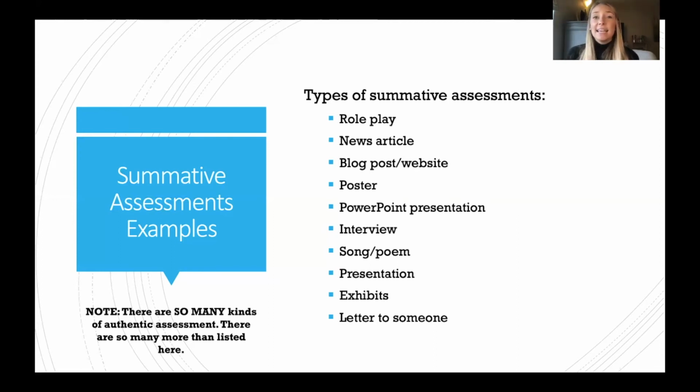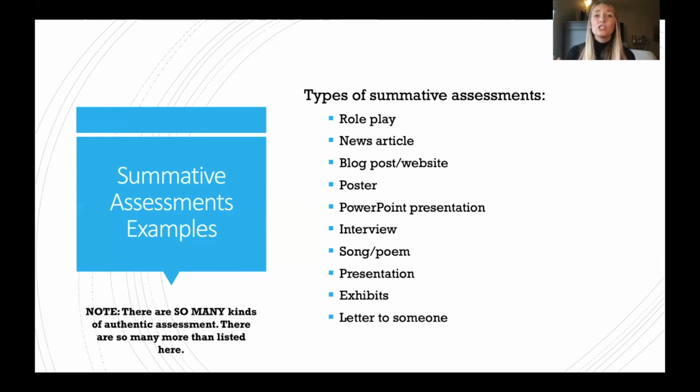Another idea is an interview. This is a great way for students to make up an interview, so how they would think a historical figure would answer or respond to certain questions. It's a really cool and interesting way to do that. Also, if we're thinking about how to make things culturally relevant, we want to bring in parts of students' culture.